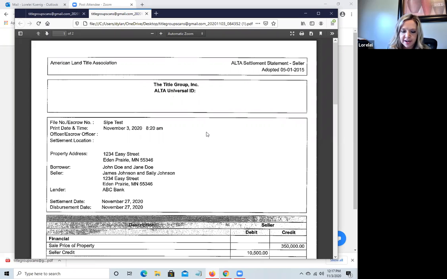Make sure that it's the final number, and you can always check with the title company, because I'll get emails from the agent sometimes saying the CD went out to the buyer, can you verify that it's final and what the amount is. It's always good for us to know that, because then we are aware if any changes were made that the buyer needs to know. But yeah, unfortunately, TRID really didn't solve a lot of the problems that we were hoping it would.